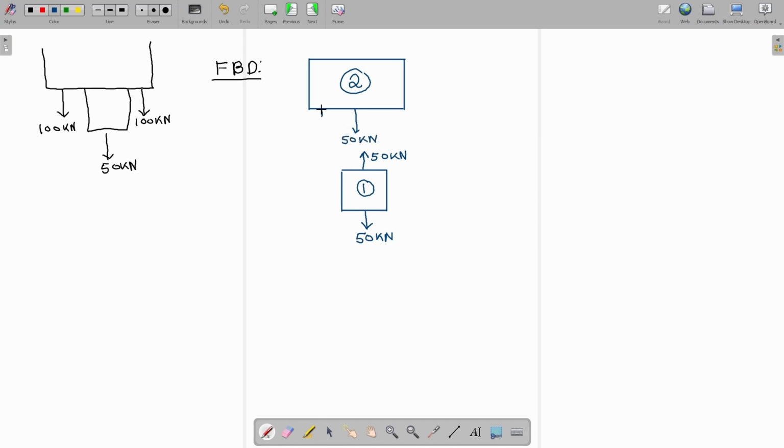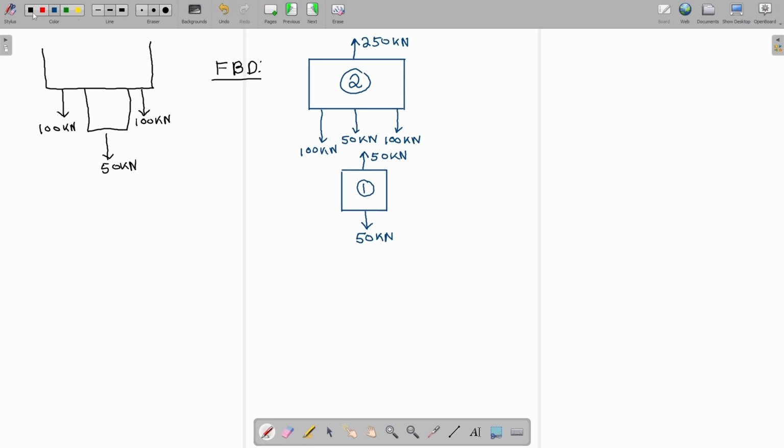Now from the sides, this load is 100. From this side, there is another load, same measurement, 100 kilonewton. Therefore, combining all three loads, 100, 50 and 100, an equal and opposite load will be acting at the opposite side. This is 250 kilonewton.